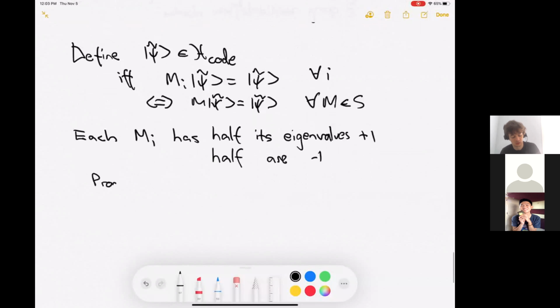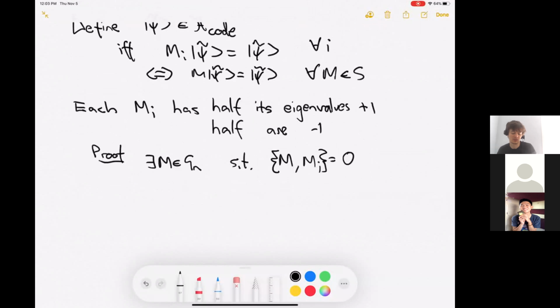very simple. There exists some M in G_n such that M anti-commutes with Mi. Then we have that Mi M psi tilde equals minus M Mi psi tilde.